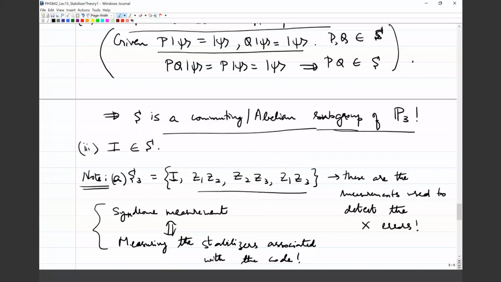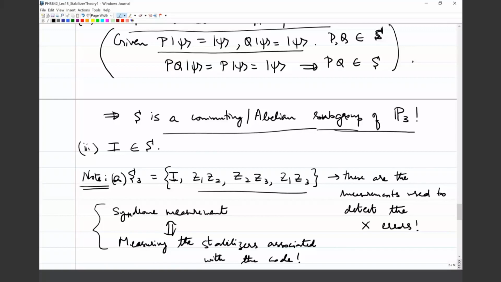Well, you measure those very operators which left the code space invariant. Now, because these are all Pauli operators and your errors are also of the Pauli type, things either commute or anti-commute. And when they anti-commute, you can detect that change that happens to your states via measuring those operators.